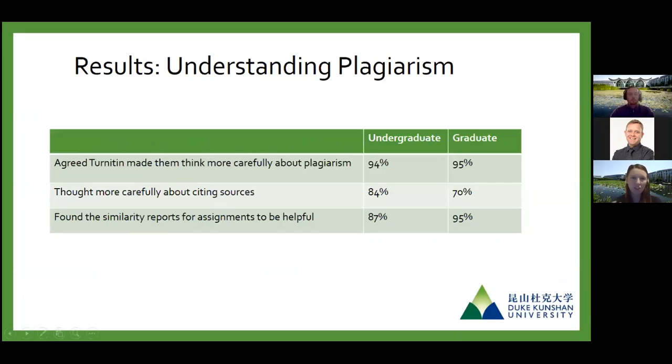As Joe mentioned, we trialled Turnitin at DKU for the first time with first year undergraduate students and postgraduate students. From an undergraduate perspective, we teach in 7-week blocks. So over the course of the academic year, we have 4 7-week courses as opposed to 2 semesters, which is how the grad program runs.